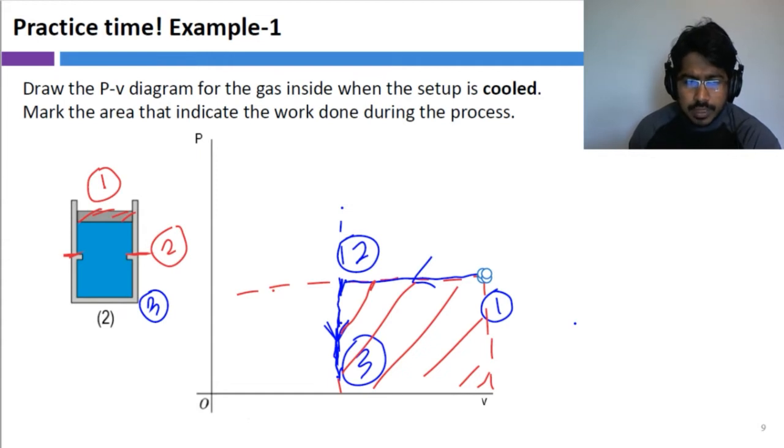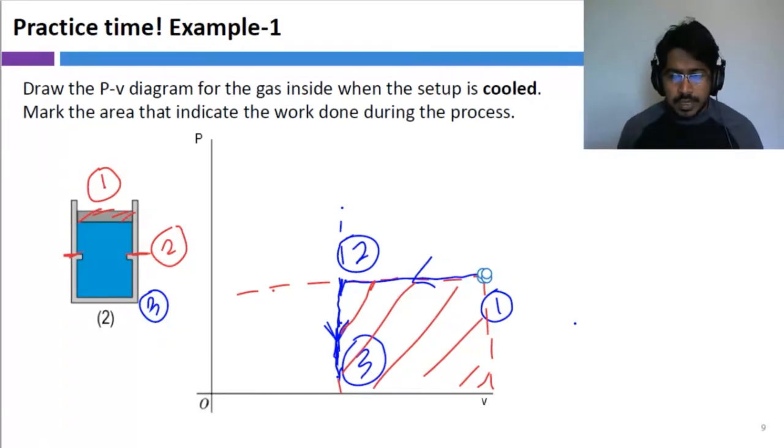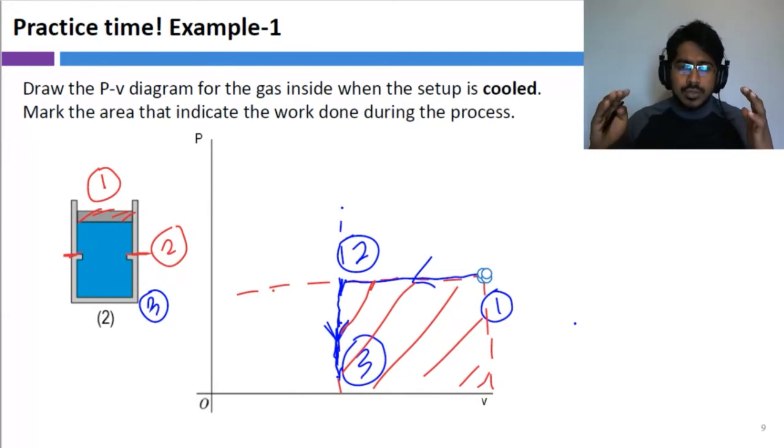Okay, is it done on the system or done by the system? Perfect, it is done on the system. How do we determine that? When the volume is reducing, we know that the work is done on the system. So just physically understand this one.